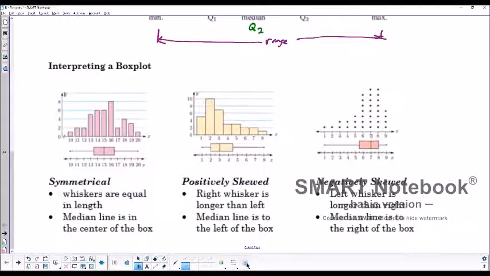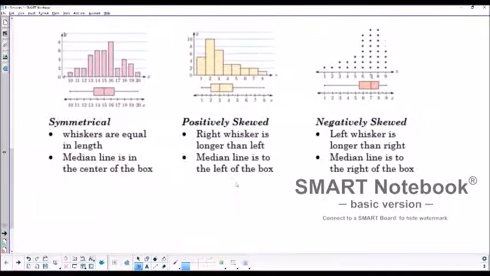If we compare box plots with histograms and bar charts, we can take a look at how they compare here. In a symmetrical distribution, the box would be pretty much in the center between the two whiskers, and the median would be right in the middle of the box. If it's positively skewed, the right whisker is longer than the left, and the median is more to the left of the box, because the median indicates the halfway point of all the data.